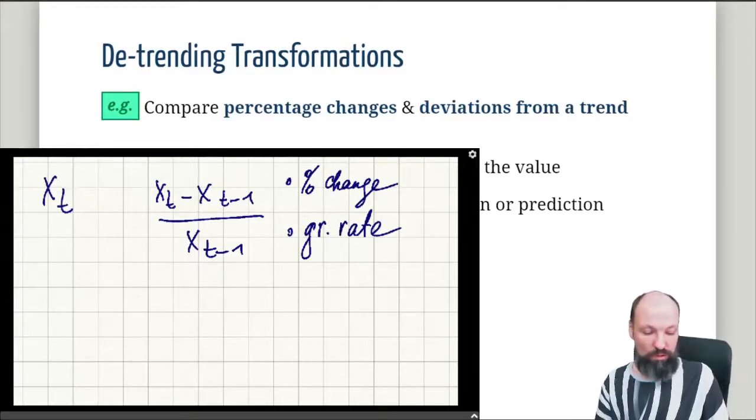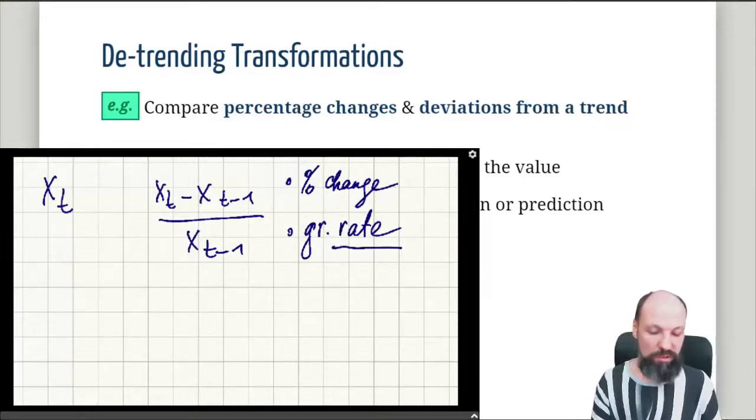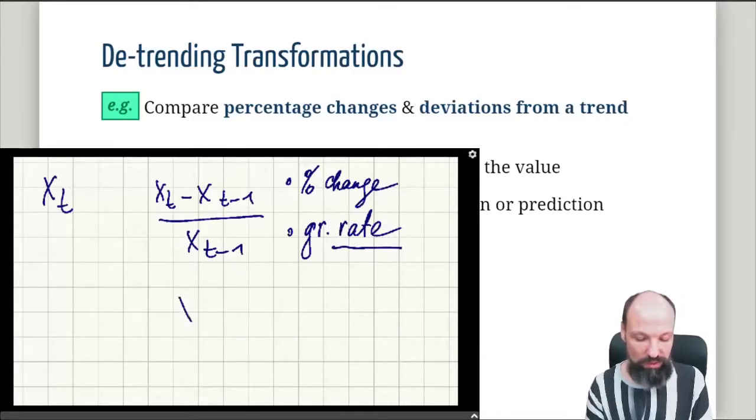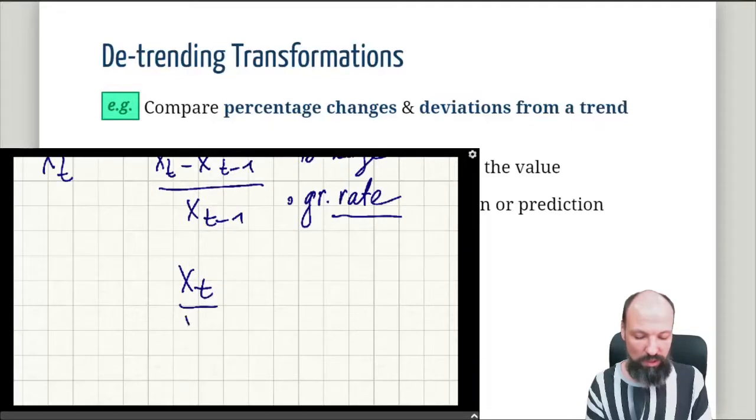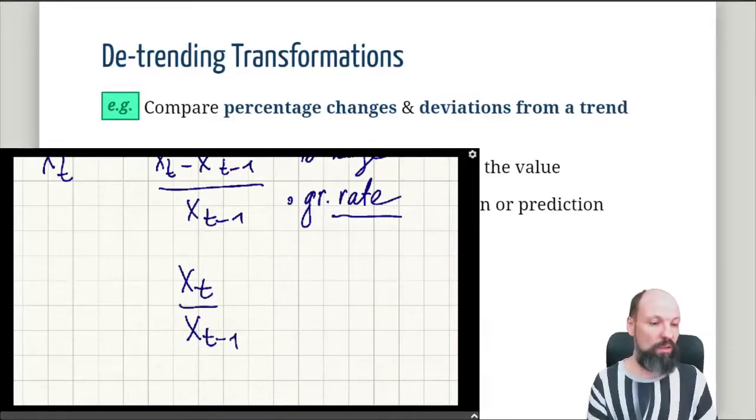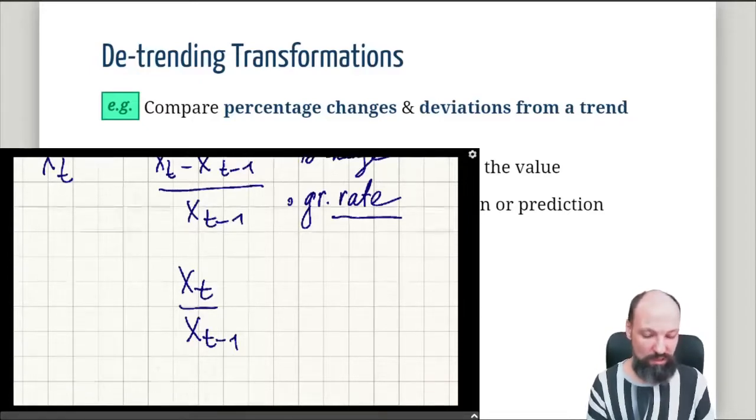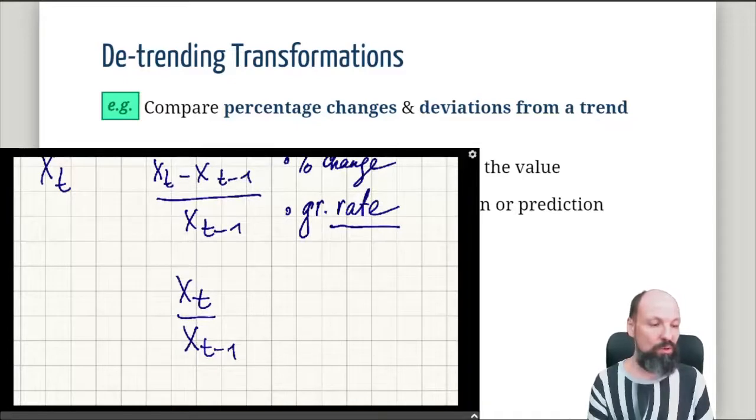And the crucial term here would be rate, because there's also this thing, which is very, very close in meaning, and it also is related to percentage. It's just that it is not based around 0, it is based around 100, or around 100%, or around 1.